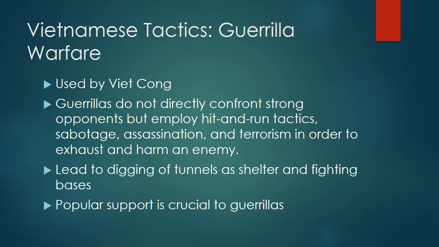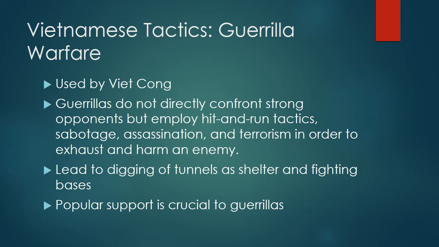So now we will have a brief overview of what sort of guerrilla warfare was launched by the Vietnamese people, especially by the Viet Cong. The guerrillas didn't directly confront strong opponents but employed hit and run tactics, sabotage, assassination, and terrorism in order to exhaust and harm the enemy.